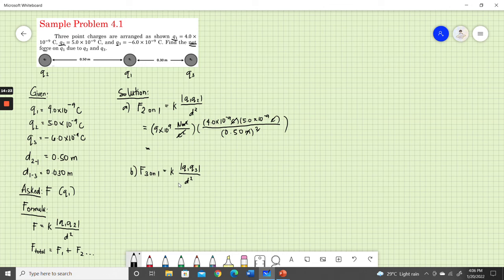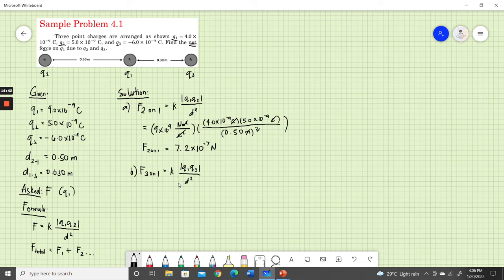So F2 on 1, just plugging that on your calculator, you would get 7.2 times 10 raised to negative 7 newtons. Okay, we're not yet done.